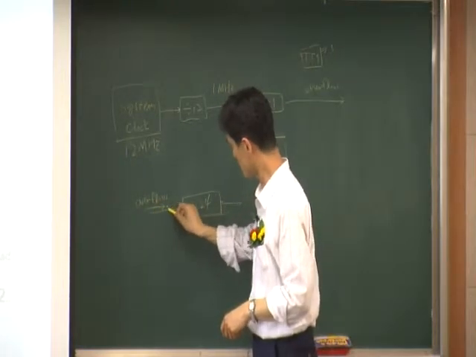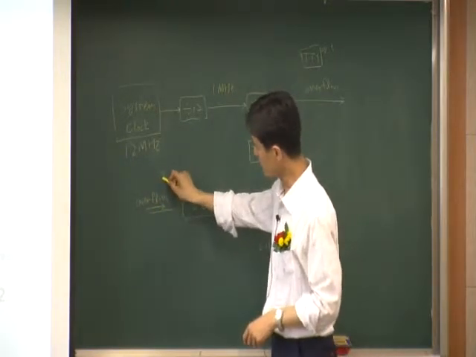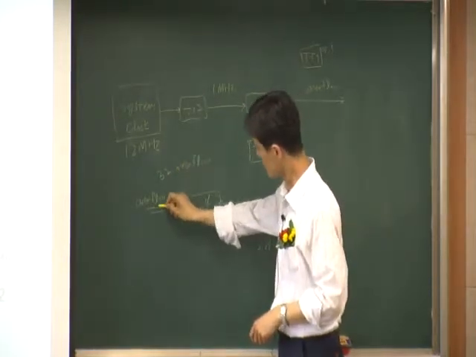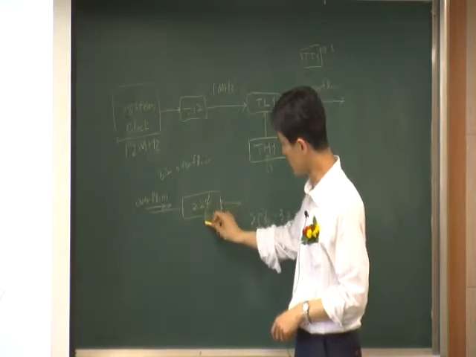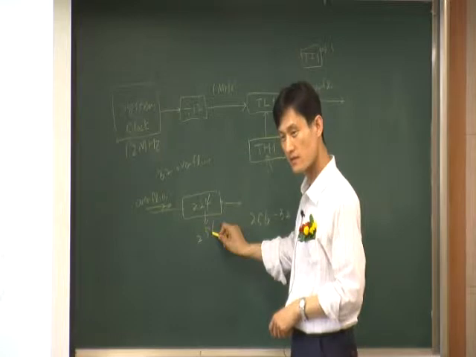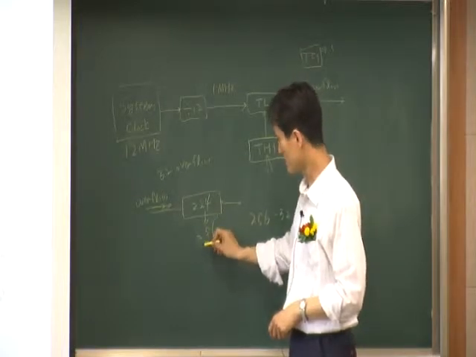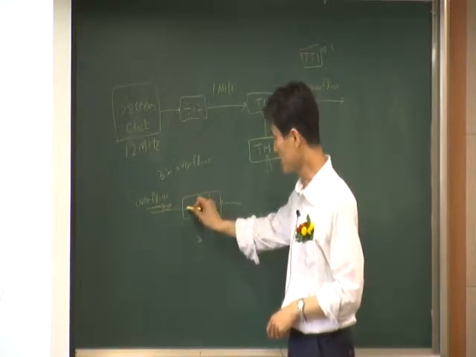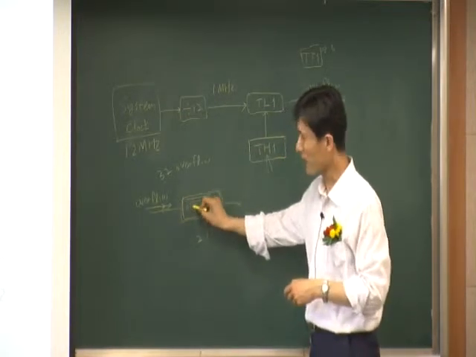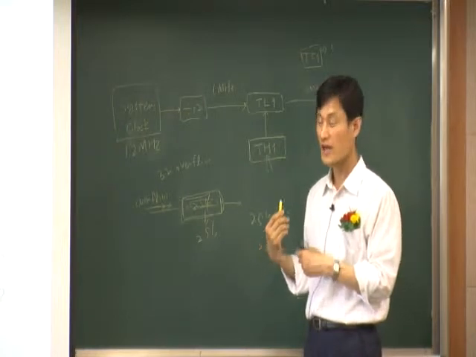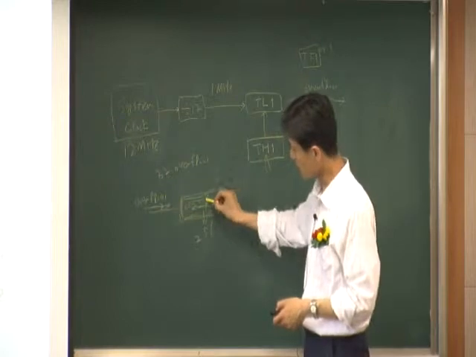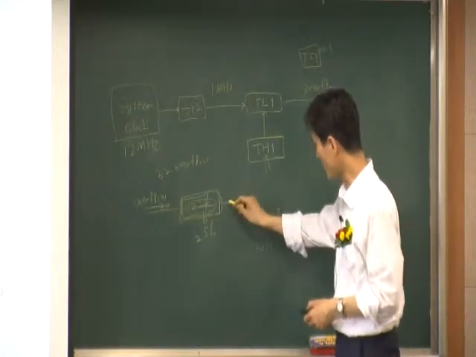Eventually, when 32 overflow clocks have come in, this becomes 256. Meaning, what is 256? It's all zero. So this counter has now overflowed. That's how you detect that overflow. When this counter has overflowed, that's the time you have output.